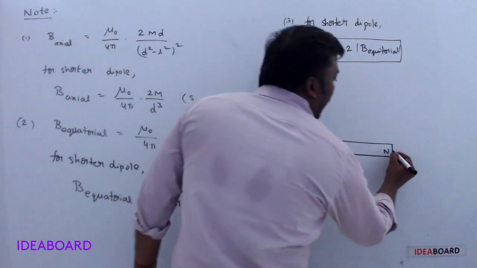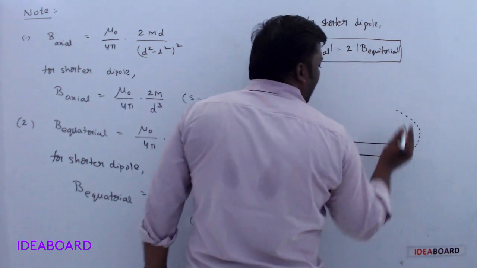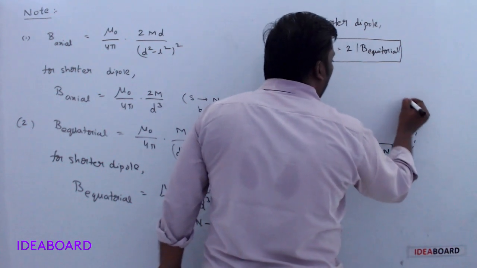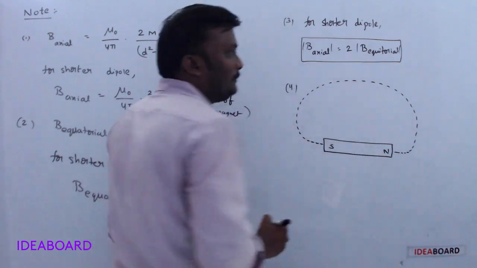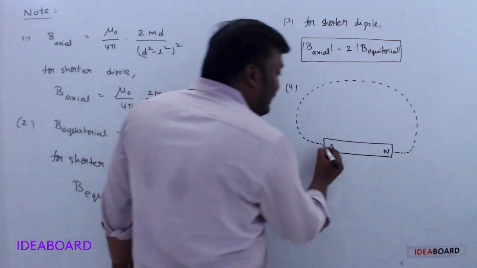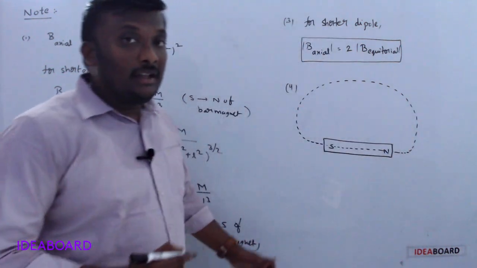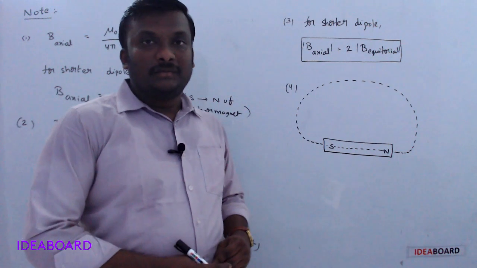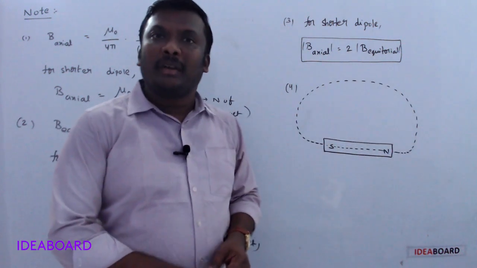We said outside the magnet, the magnetic field lines go from north pole to south pole. Inside the bar magnet it is from south to north. This is the first point we discussed in magnetic field lines. Magnetic field lines always form closed loops, remember?